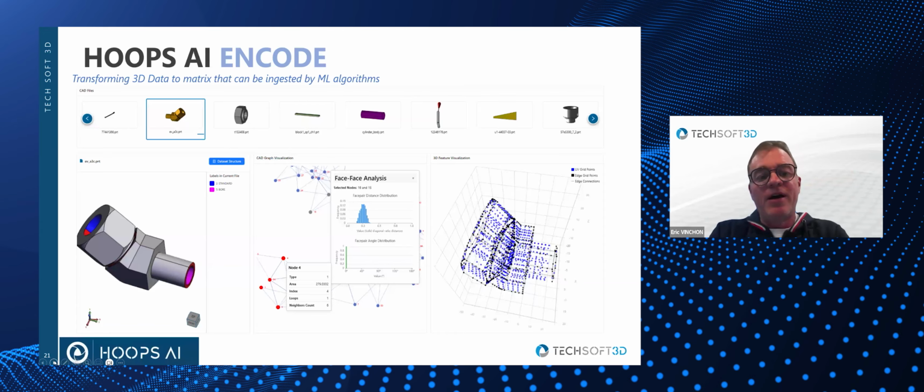The next step, I mentioned that quickly, is to transform a CAD model into something that a machine learning model can understand. A machine learning model doesn't understand topology, geometry, or assembly tree. There's a lot of work that we do to transform this information at scale, and that's what this module, Oops AI Encode, takes care of.